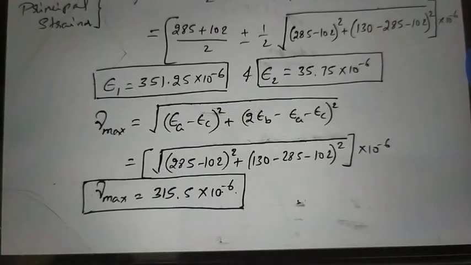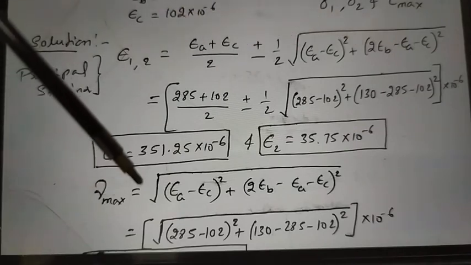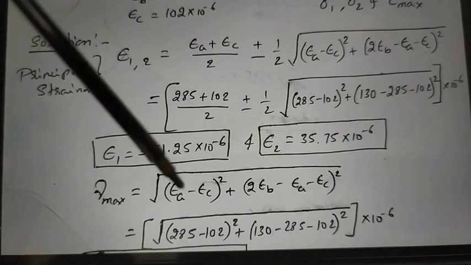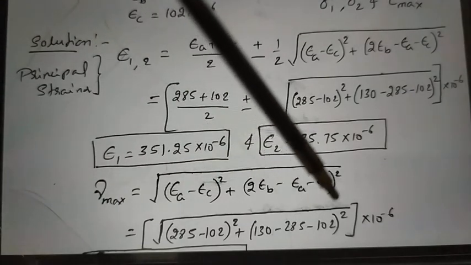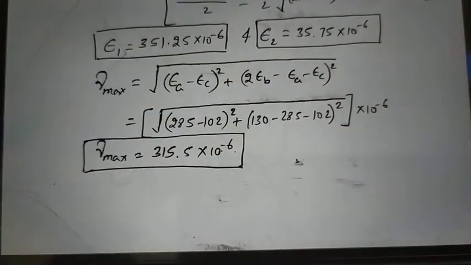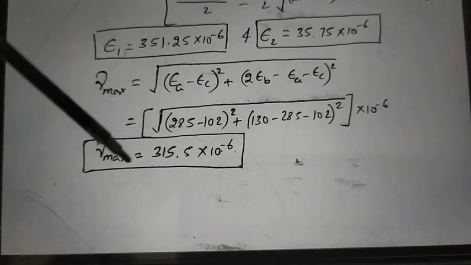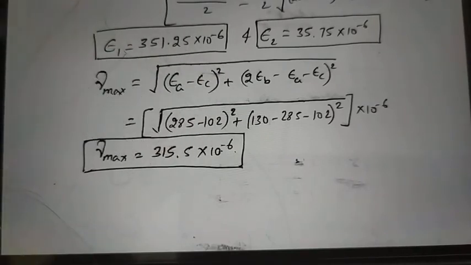Next, gamma max: you can easily remember it by taking the second part, the half-root part. Gamma max is equal to root of epsilon A minus epsilon C whole square plus 2 epsilon B minus epsilon A minus epsilon C whole square. You substitute here also and you get the value.